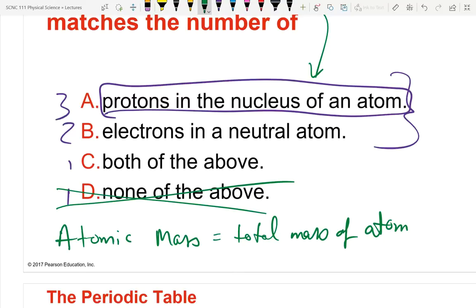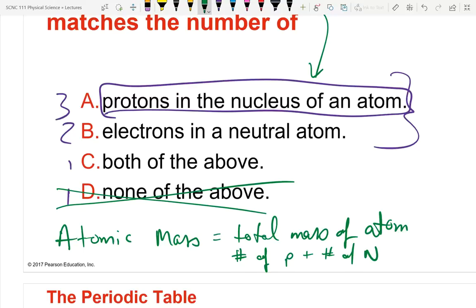So of all the protons and the neutrons, it's also equal to the number of protons plus the number of neutrons. Because a proton is one atomic mass unit, the neutron is one atomic mass unit. The total atomic mass is just 1 times the number of protons plus 1 times the number of neutrons. So those are both correct, the total mass or the number of protons plus the number of neutrons, because the atomic mass unit is just the mass of a proton or neutron.